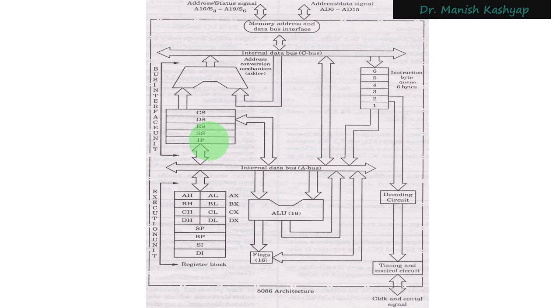But the statement that I have just made is not completely true. It is partially true. It will hold the address of next instruction to be executed, but that is not the complete address, because in this 8086 microprocessor, the addressing mechanism is a little bit different as compared to 8085, because the externally interfaced memory that we connect to this microprocessor is segmented.